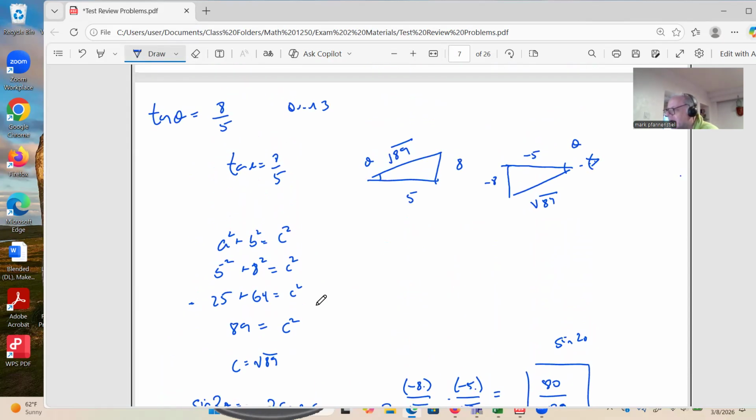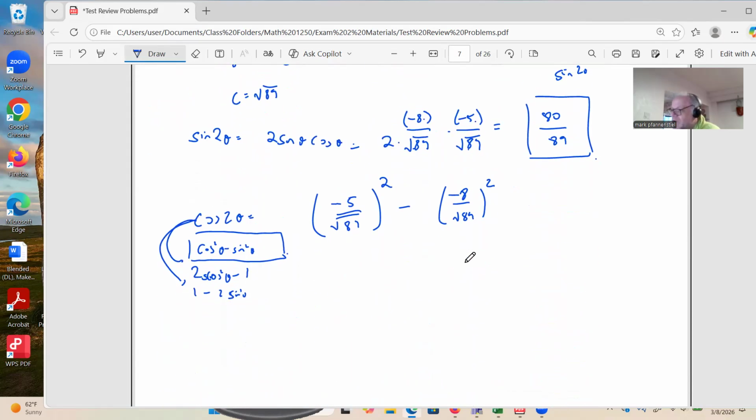So we have a little bit of arithmetic to work out here. We multiply this out: -5 squared gives 25, the square root of 89 squared is just 89, and -8 squared is 64, with 89 on the bottom. So we have to do 25 minus 64.